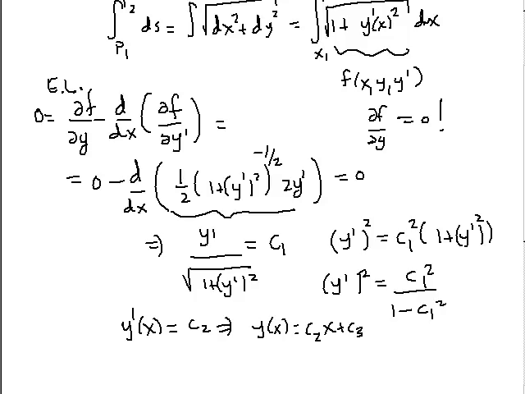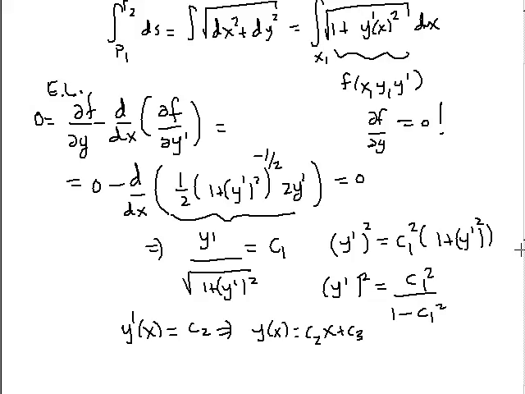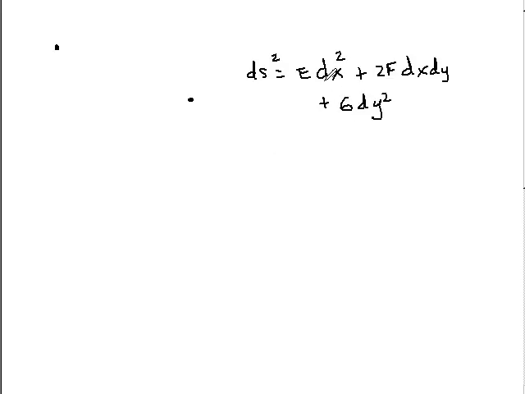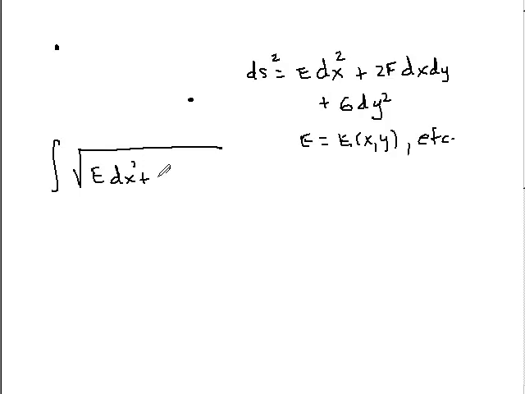Okay, well that's obvious. What isn't obvious is if you take a different measure for arc length, suppose I measure the distance now as ds squared equals e dx squared plus 2f dx dy plus g times dy squared, where e, f, and g are functions of x and y, etc. Then the minimal surface is minimize square root of e dx squared plus 2f dx dy plus g dy squared.